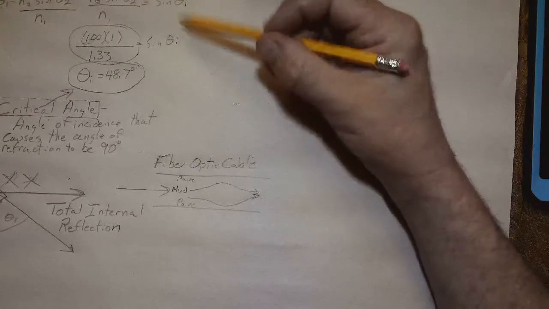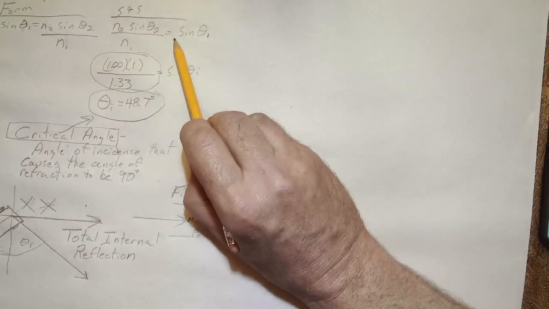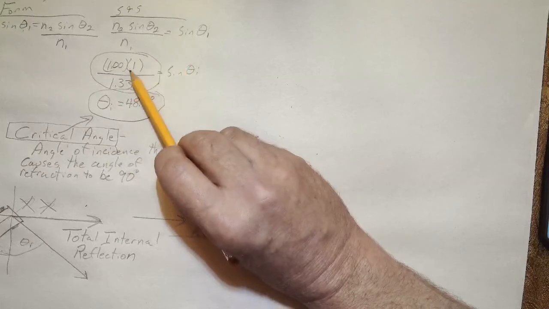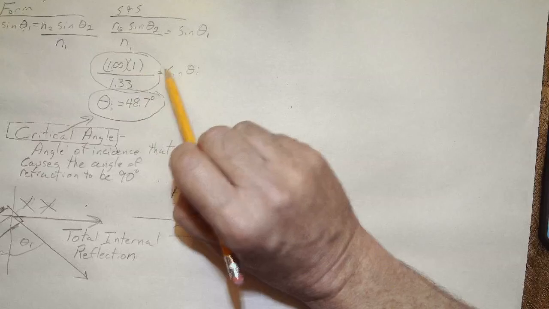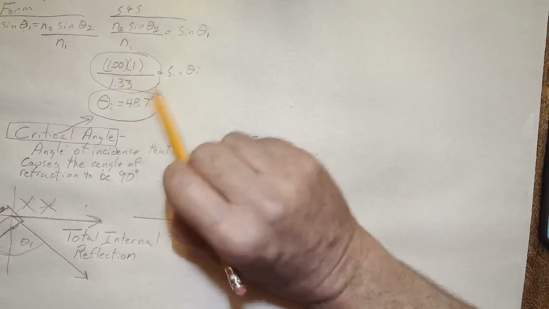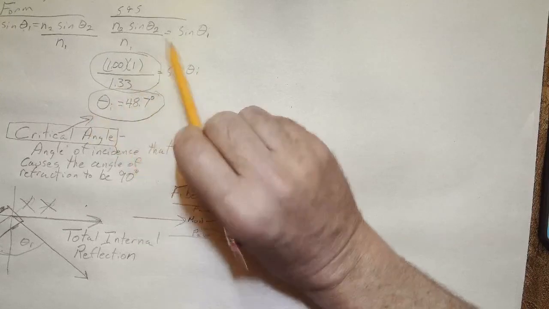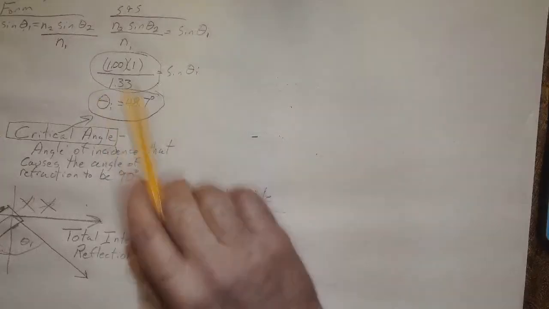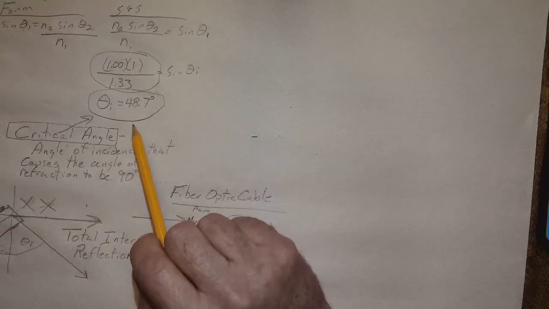Pretty simple. I like to keep it in the basic Snell's law formula though, because what if you're hitting something other than air? Well, then you need to go back to this formula. It's such a simple formula, useful in every capacity, that it's always good to go back to the basic Snell's law formula. Once you get good at it, yeah, it's a shortcut, but there's not all that much to doing it the long way.